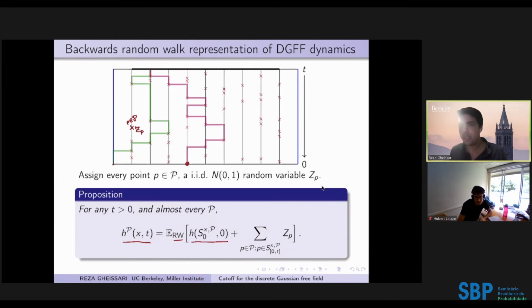And then once it reaches time 0, it collects whatever the initial value was at the point where it hits time 0. Again, this expectation is over the random walk jumps. And these Z sub P's are basically the same as the Gaussians that come up in the evolution when you're using the Laplacian plus an IID Gaussian. So there's a bijection between the Gaussians on the right and the Gaussians on the left. So this is an equality.